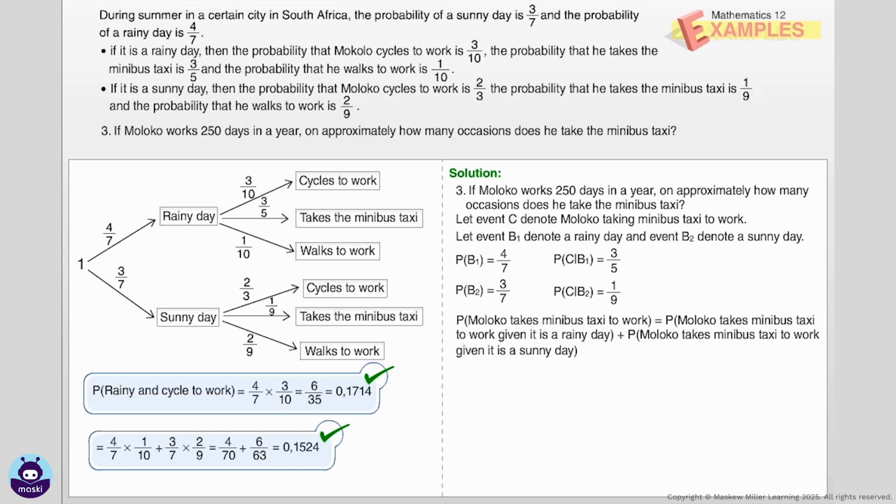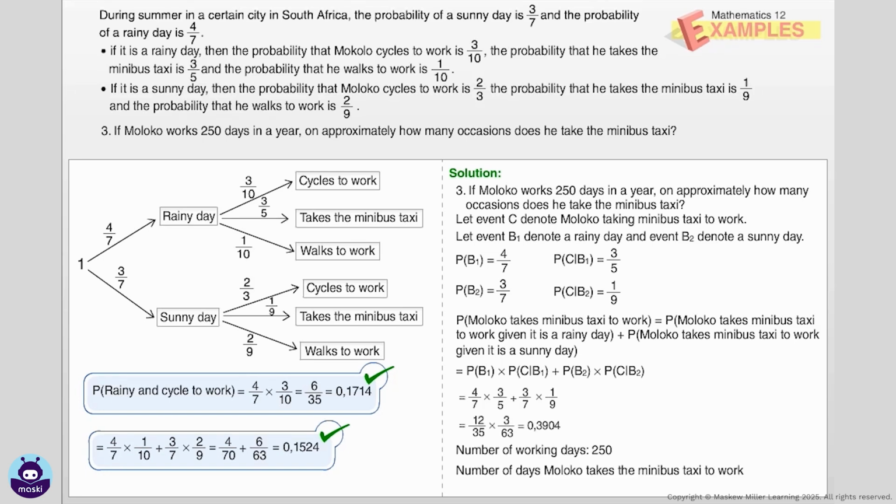Probability of Moloko takes minibus taxi to work equals probability of Moloko takes minibus taxi to work given it is a rainy day, plus probability of Moloko takes minibus taxi to work given it is a sunny day, equals probability of B1 times probability of C given B1 plus probability of B2 times probability of C given B2 equals 0,3904.